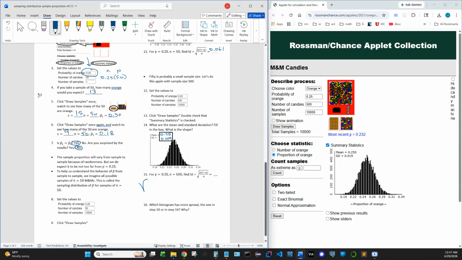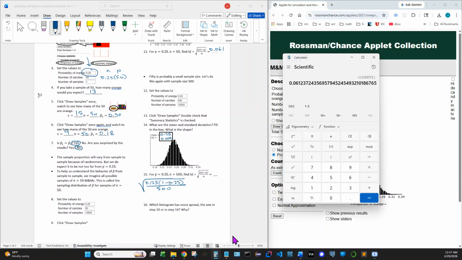So the theory is the square root of p, so 0.25, 1 minus 0.25. This time we're doing samples of size 500. So pull out the calculator here. So we go 1 minus 0.25 times 0.25. Take the square root of that. I'm sorry, I did that wrong.